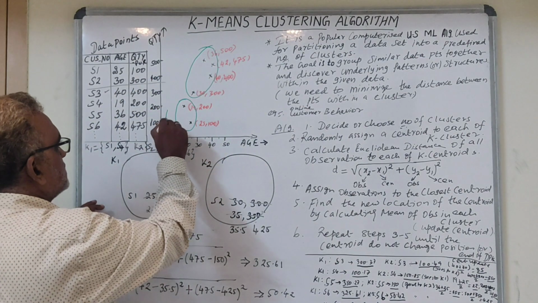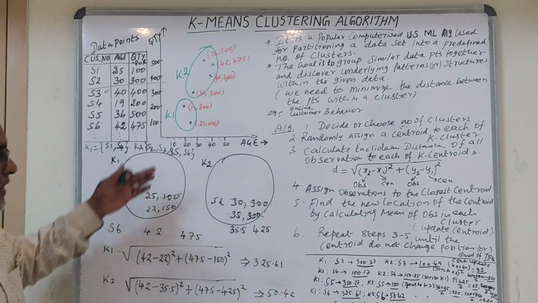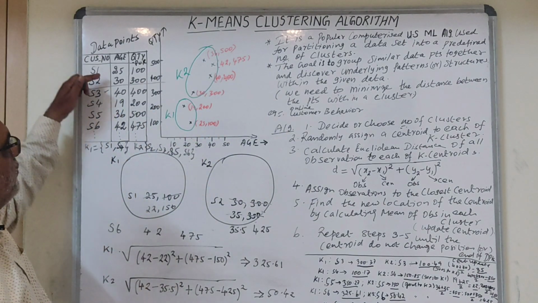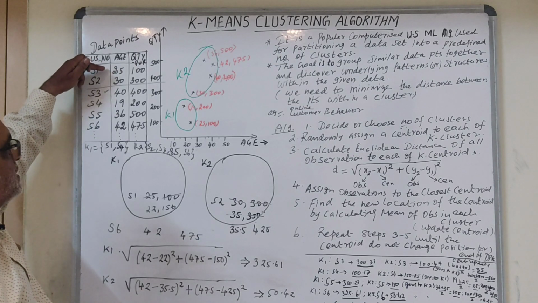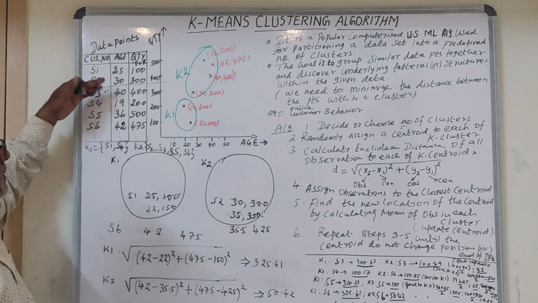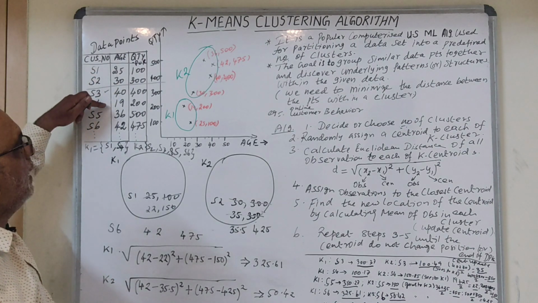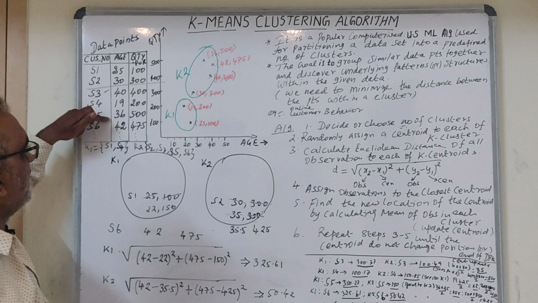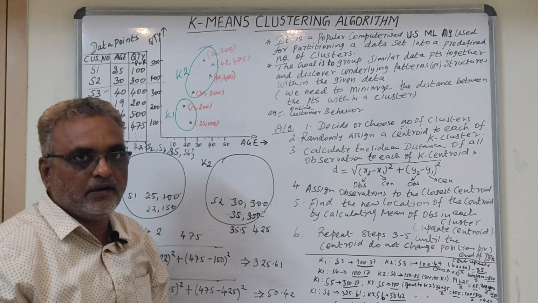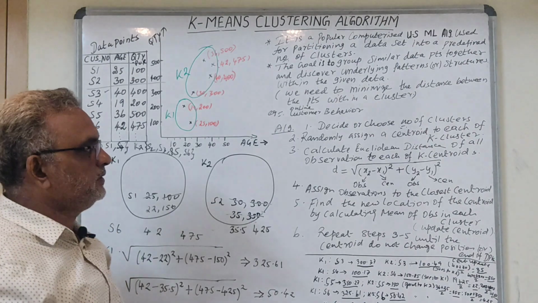Okay, so this is K1 and this is K2. So very well you can see that the age of the customers S1 and S4 are less, and the age of the customers S2, S3, S5, S6 are greater. I hope you are able to understand the concepts.